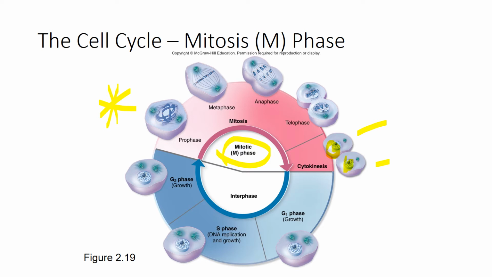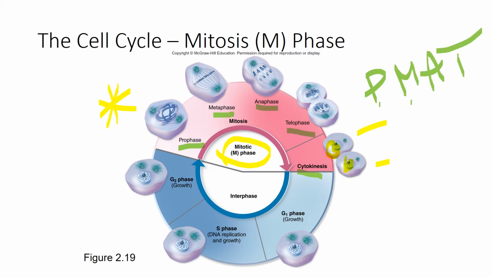We have prophase, metaphase, anaphase, and telophase, followed by cytokinesis. And a great acronym to remember the stages of mitosis is PMAT for prophase, metaphase, anaphase, and telophase.